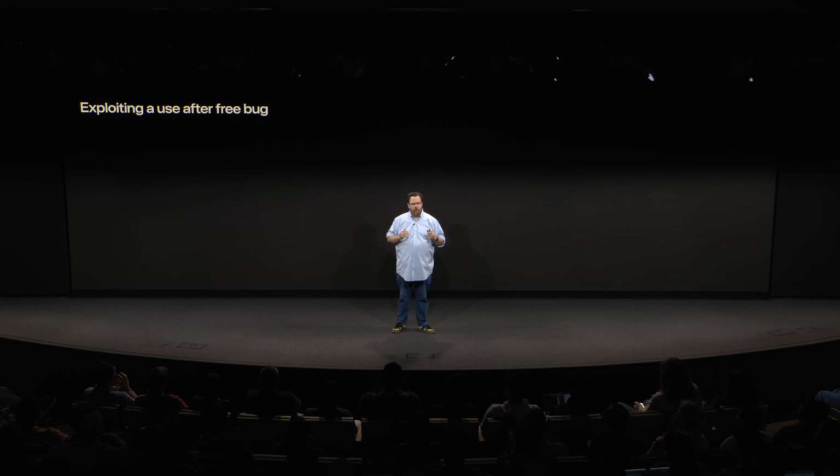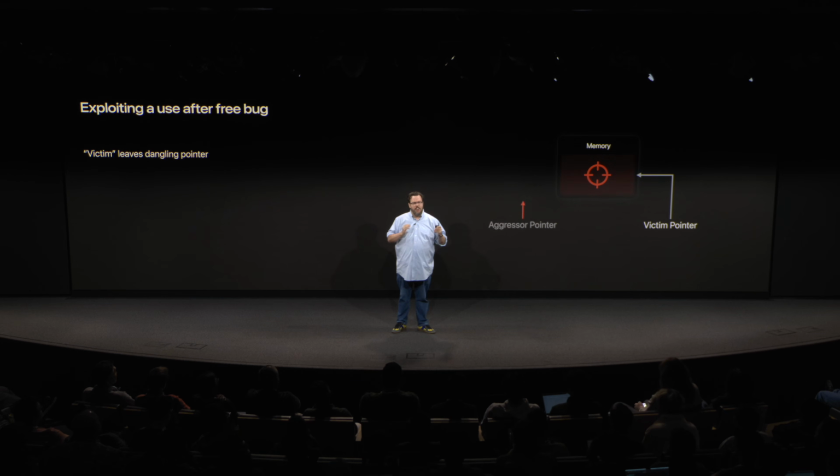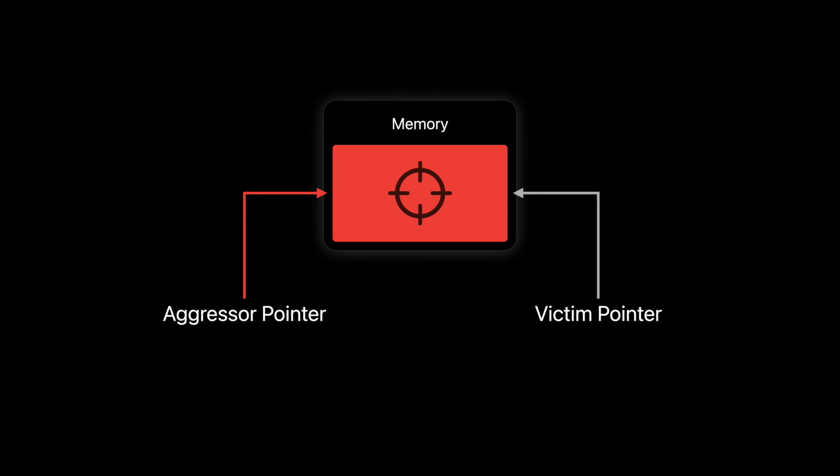Use after free bugs are a form of memory corruption where the program allocates memory and then frees it, but accidentally leaves a dangling pointer behind. The type of that freed memory is called the victim. An attacker exploits the dangling pointer by manipulating the program to allocate another type, the aggressor, in that same location, and then causing the victim pointer to access data from the aggressor as if it were of the victim type.